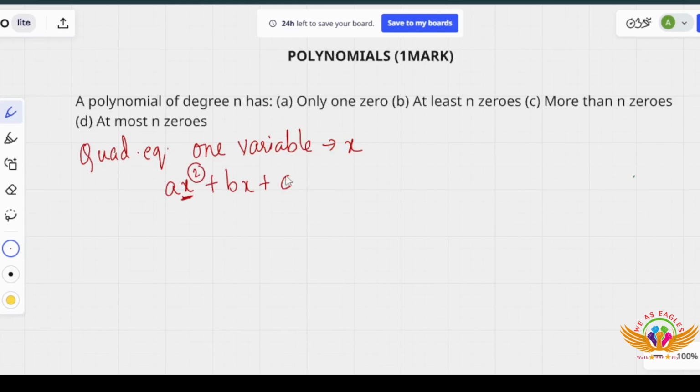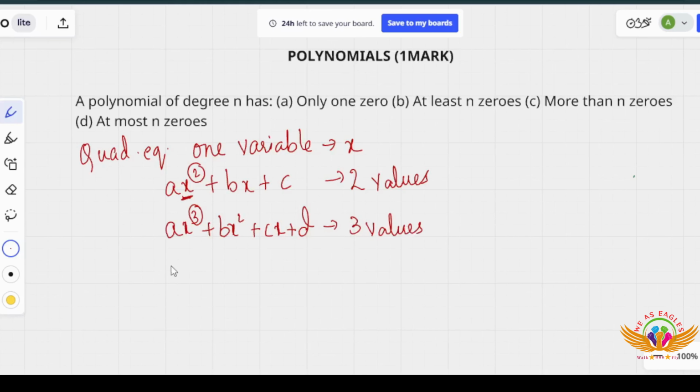Because the degree is 2, we are getting two values of x here. If we have a cubic polynomial like ax cubed plus bx square plus cx plus d, then look at the first x term. Here the degree is 3. So we will get 3 values of x.